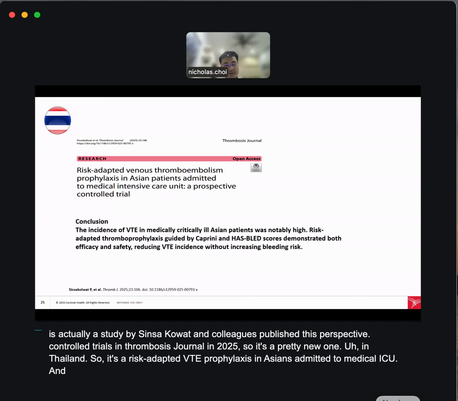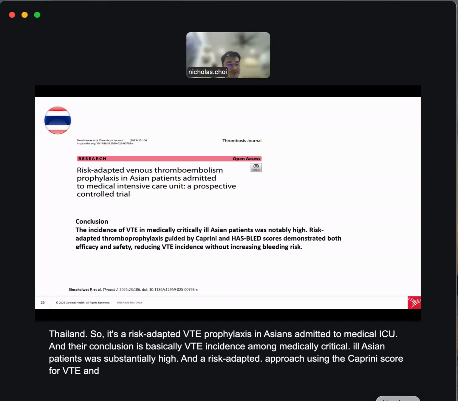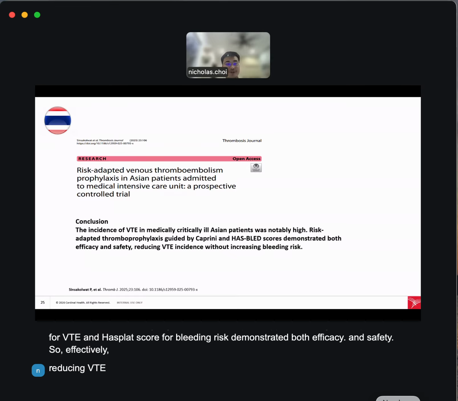Their conclusion is that VTE incidence among medically critically ill Asian patients was substantially high, and a risk-adapted approach using the Caprini score for VTE and HAS-BLED score for bleeding risk demonstrated both efficacy and safety, effectively reducing VTE without a corresponding increase in bleeding complications.